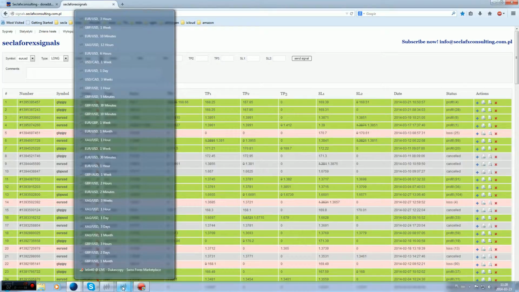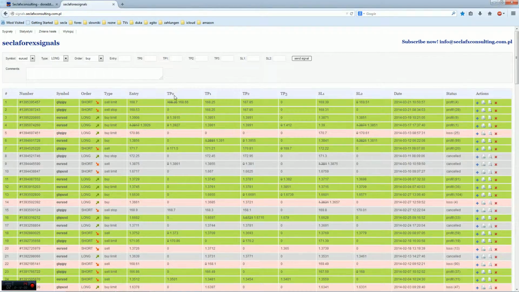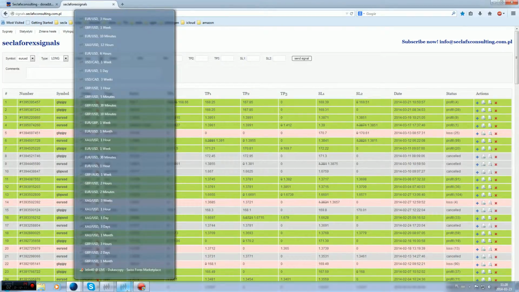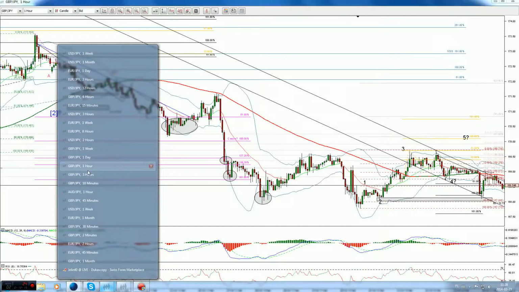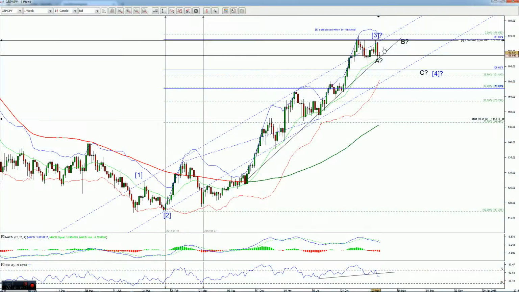I updated the TP0 level, which says it's better to close the position, or to move your stop loss to the break-even point, because of this weekly situation. I was thinking about the doji on the weekly chart, which is above the Bollinger Middle Band.